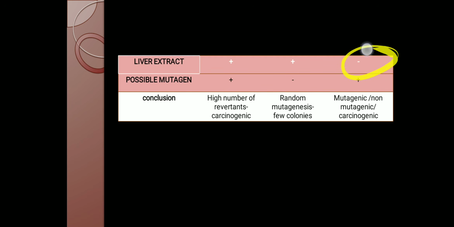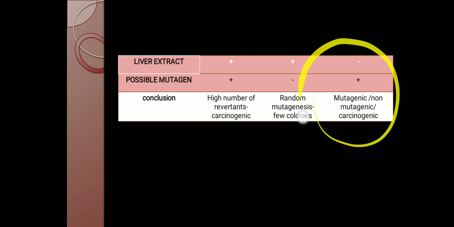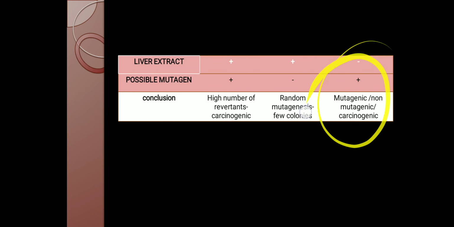If we do not add liver extract, then this is what we are going to see here. If we do not add liver extract, and the chemical compound itself is a mutagen, then it will cause mutation. Sometimes if we do not add liver extract, then even if it is a mutagenic chemical, since it is not processed in the liver, it will show non-mutagenicity. So it could be non-mutagenic.